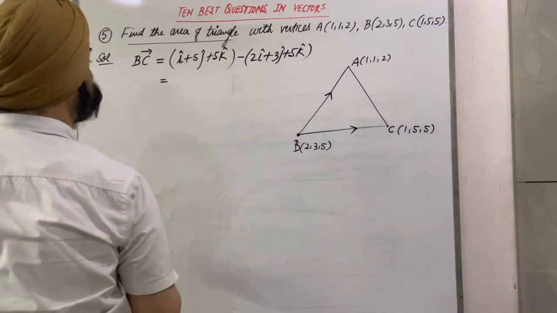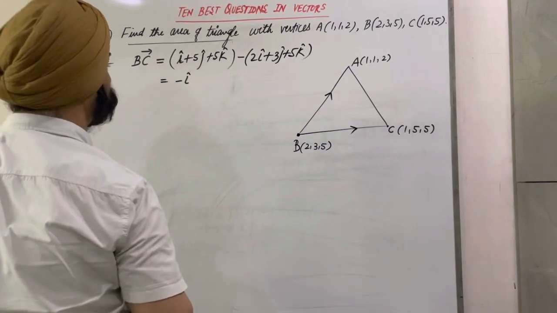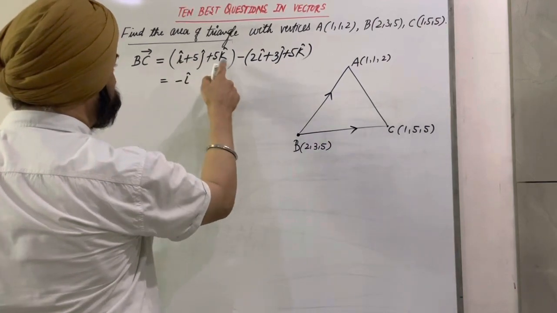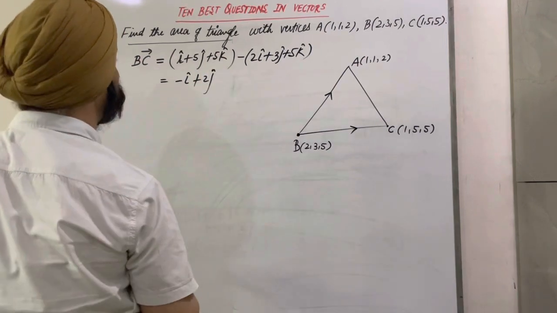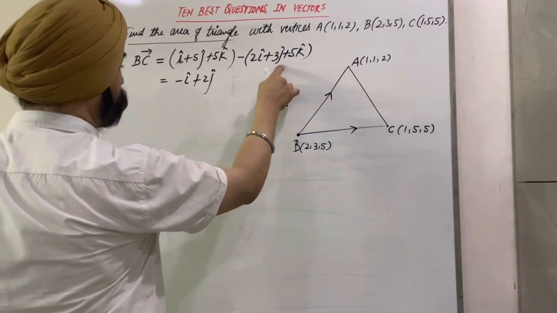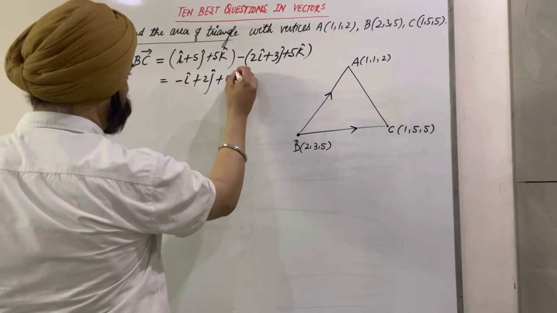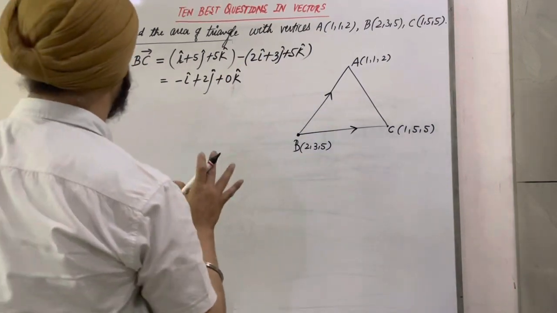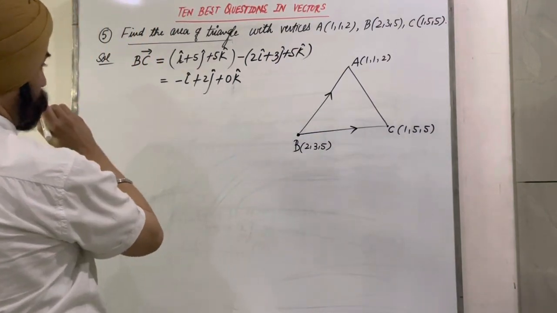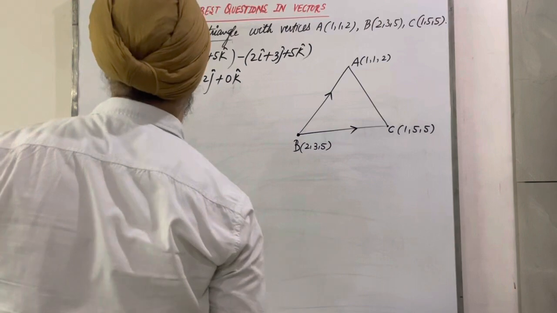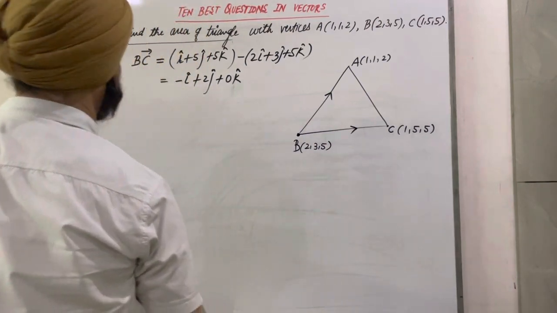Perform the subtraction. i cap minus 2i cap, that makes it minus of i cap. 5j cap minus 3j cap, that makes it plus of 2j cap. 5k cap minus 5k cap, that makes it 0k cap. If it is 0, write it also, so that while using it, you are left with no doubt that the k component here is 0.